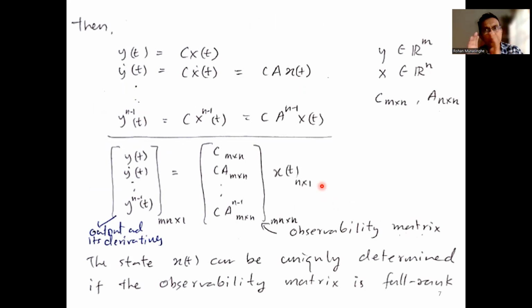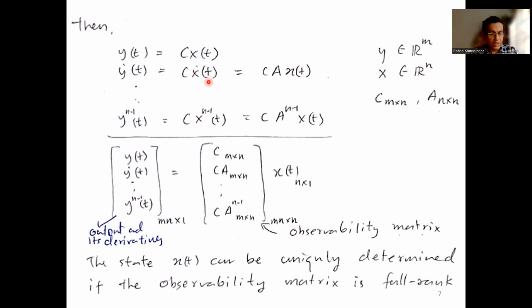So if you look at observation, now we keep observing some of the state variables, not everything. So y(t) is equal to Cx(t). This is the observation or measurement. Then y dot, if you differentiate that one, becomes C x dot. By the way, when you measure your state variables, we assume that you collect the information about the rate of change also, how the output changes, y dot, y double dot, and so on.